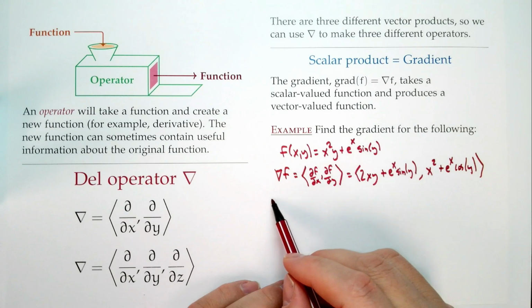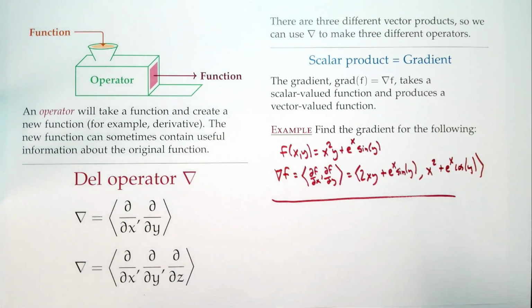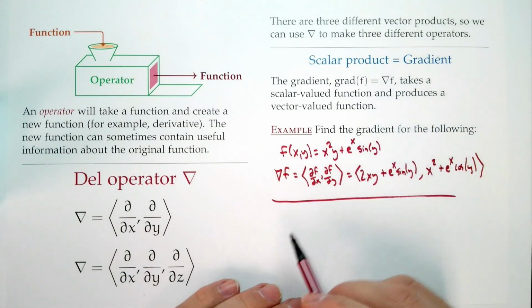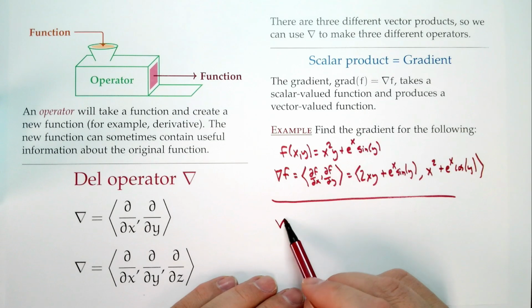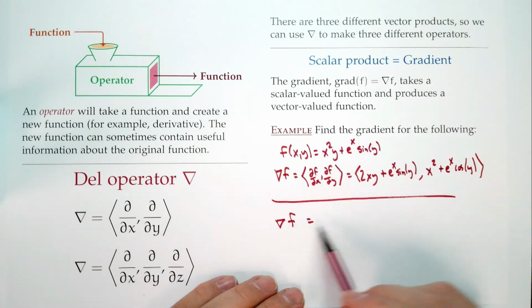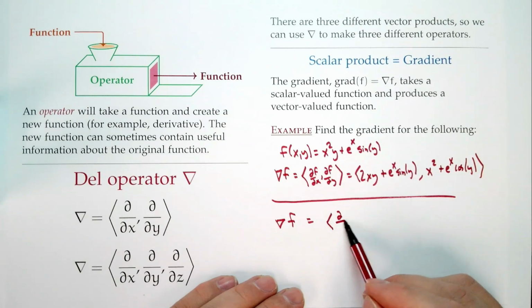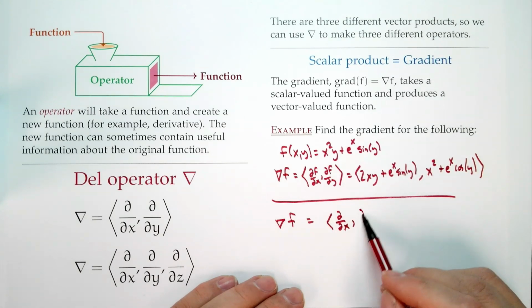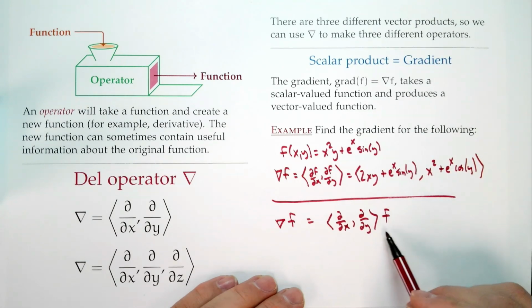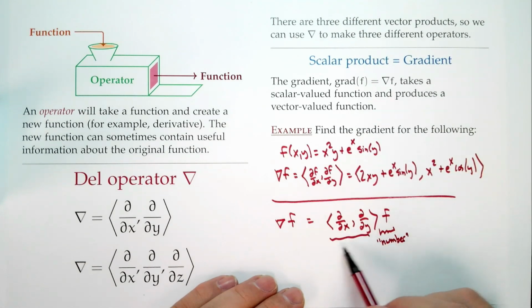Good. Now, you might be wondering, wait a second, why are you calling this a scalar product? Where's the scaling coming from? Well, here's the idea of the scalar product. When we think about del f, del is the vector, partial x, comma, partial y. And now, f. So here, f is acting like our number that we're scaling our vector by.